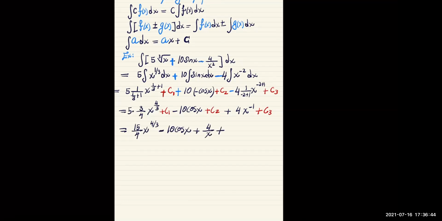Now plus, just write down C. This C is all these constants combined. Okay, so when you're answering these questions, a similar question, just do the antiderivative piece by piece and write a big C at the end.